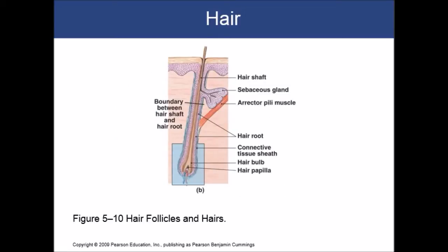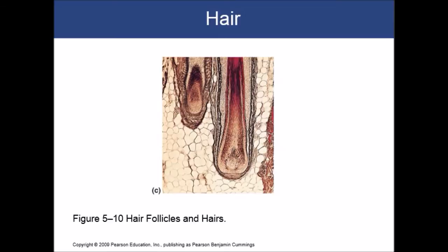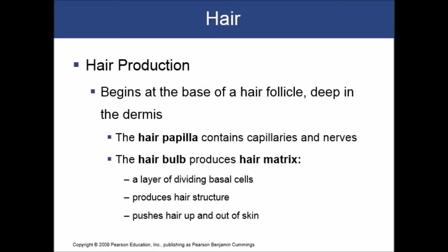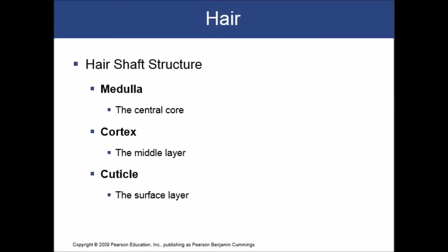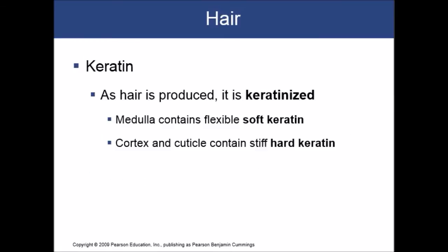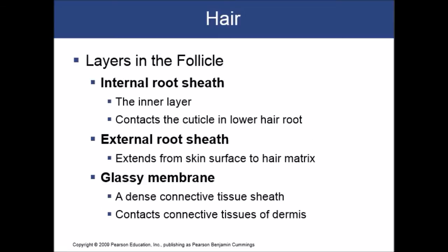For the hair, you can just know these layers. It's a medulla inside, cortex, and cuticle outside. Hair is made of keratin, or keratinized. Okay, it's important too.